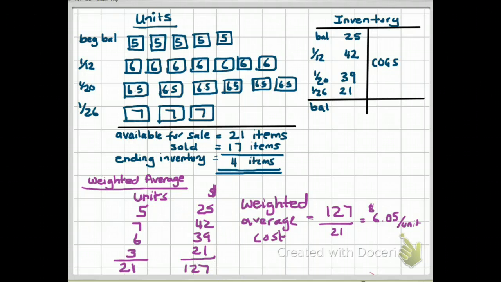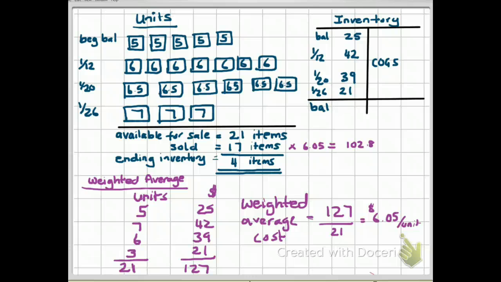Each of these now we know that we paid $6.05 per unit. So now we can figure out how much was the cost of goods sold. We sold 17 items, so our cost of goods sold would be 17 items multiplied by $6.05 per unit, because you know that $6.05 is the average cost of all these items.